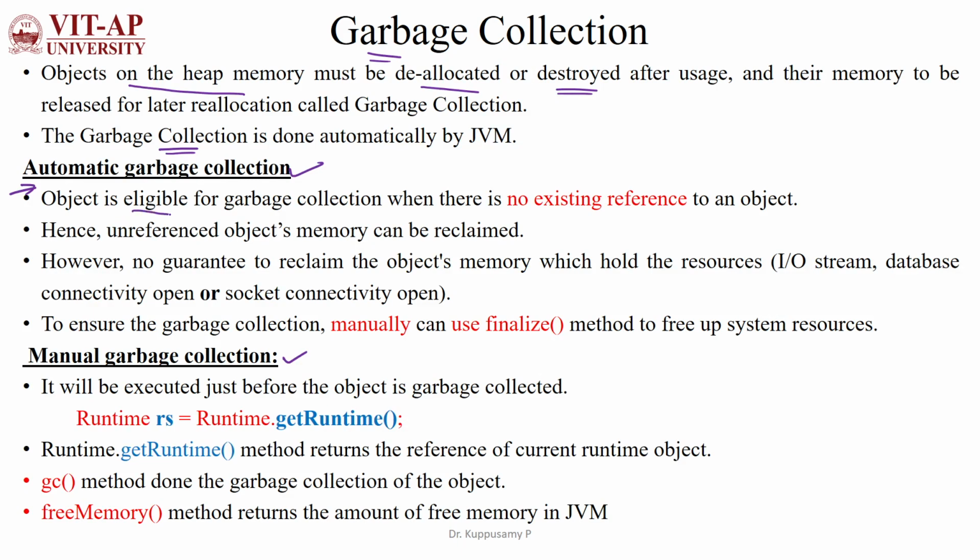An object is eligible for garbage collection whenever there is no existing reference to it. If there is no reference, then that object becomes unreachable, and if it becomes unreachable, it is eligible for garbage collection. Hence unreferenced objects' memory can be reclaimed by the garbage collection mechanism.